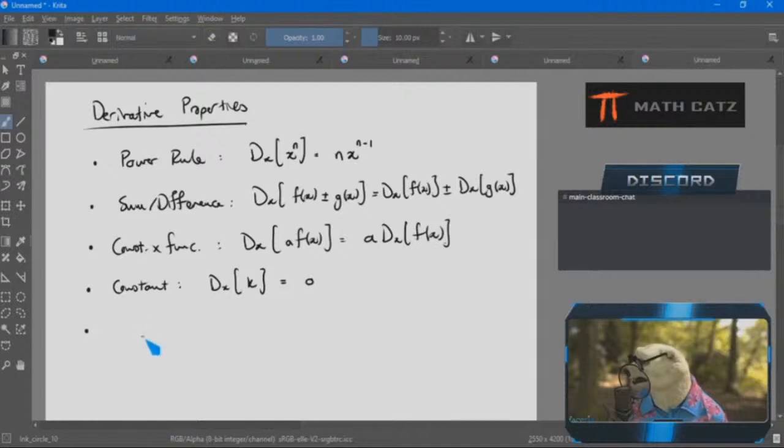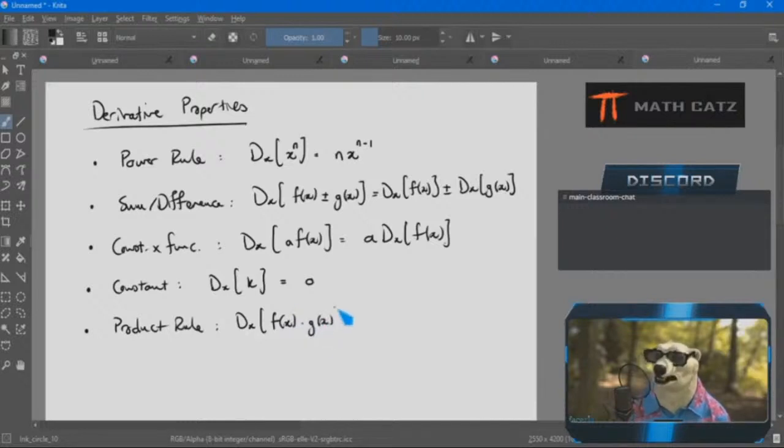Then we got into combining pieces of the function in different ways. One way is the product, by way of multiplication. If I have two pieces being multiplied together, then yes, I can look at those pieces in isolation, but it's not going to be quite as simple as the sum difference property would be.